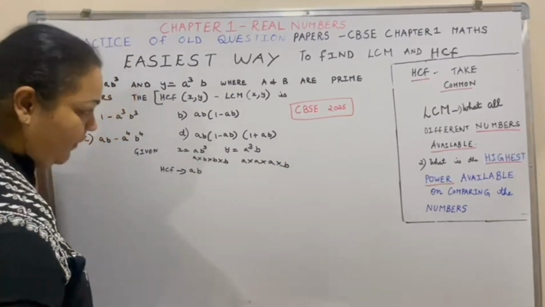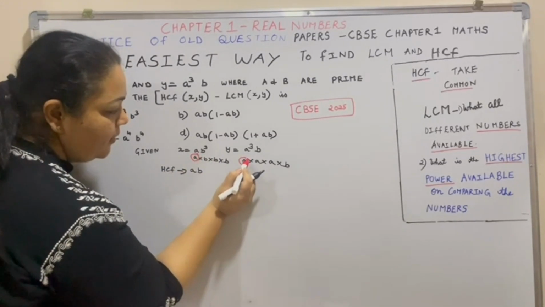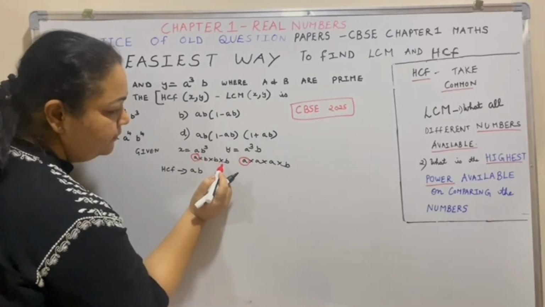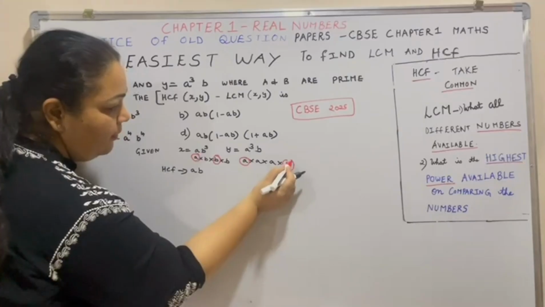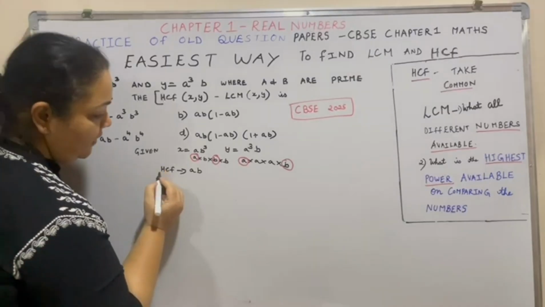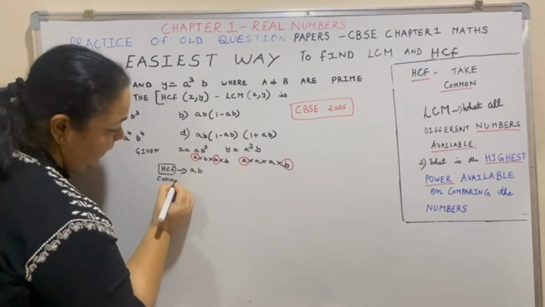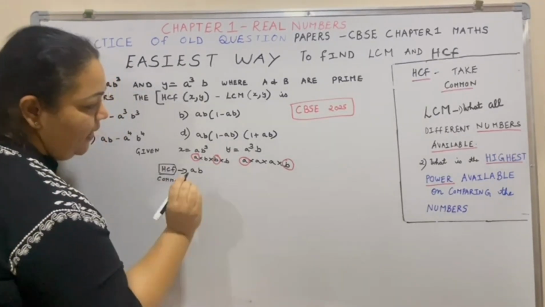So a and a is common, and b and b is common. Only these two are common between the two. In HCF you only have to find the common. So a and b we found out.